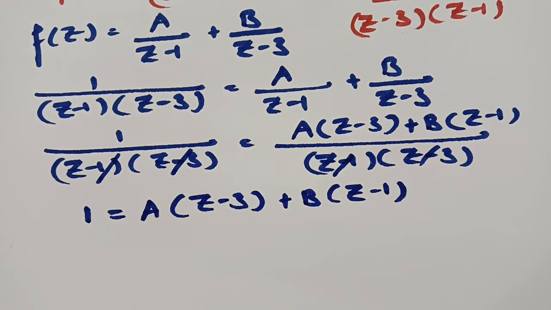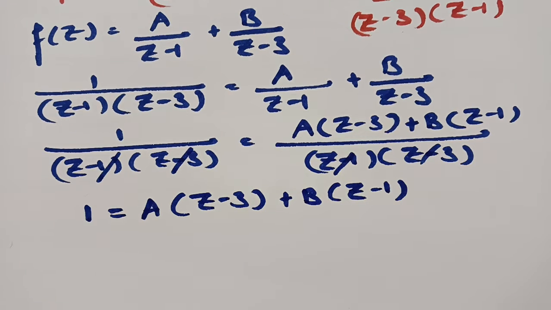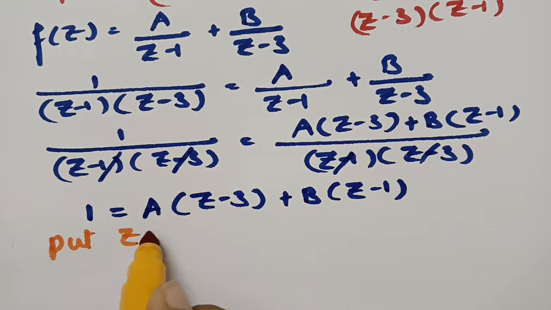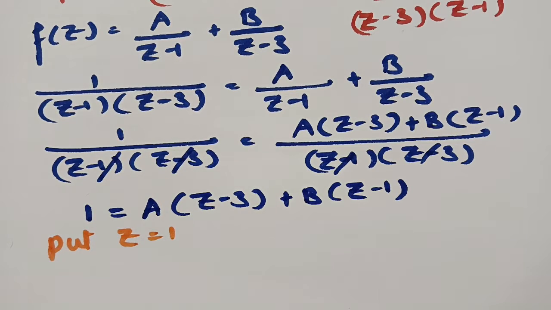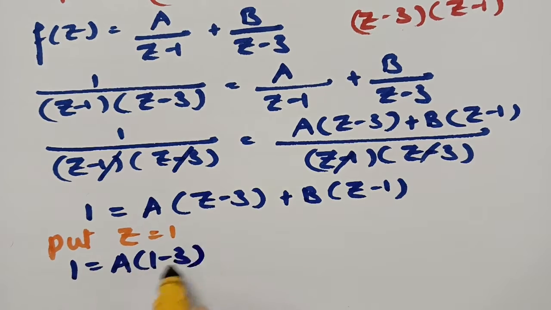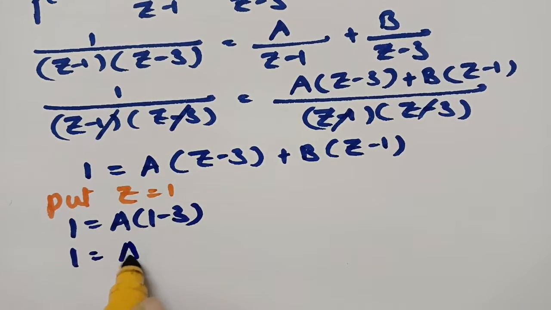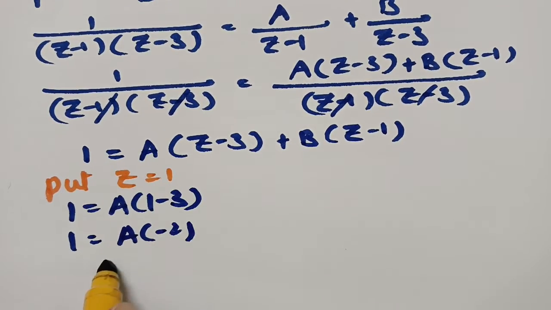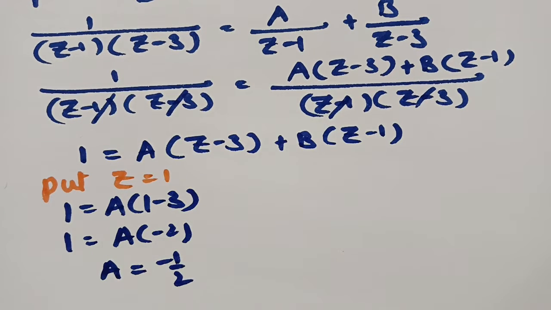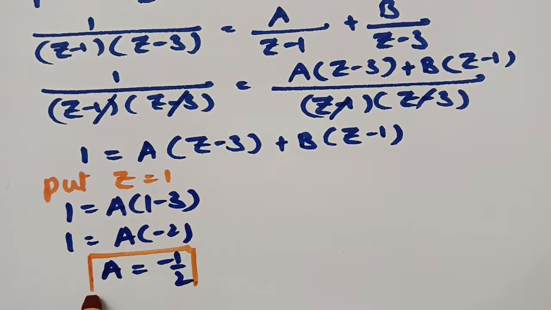So I need the values of a as well as b. For a, this is minus 1, so if I keep z equal to plus 1, what happens here? 1 is equal to a times 1 minus 3. 1 is equal to a times minus 2, and therefore a is equal to minus half. So I got the value of a as minus half.